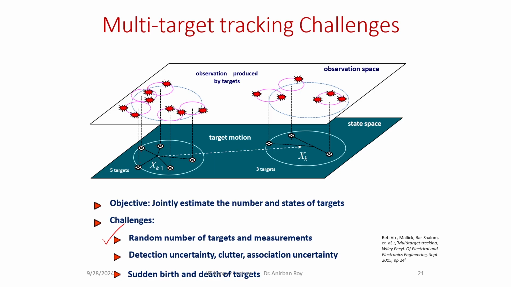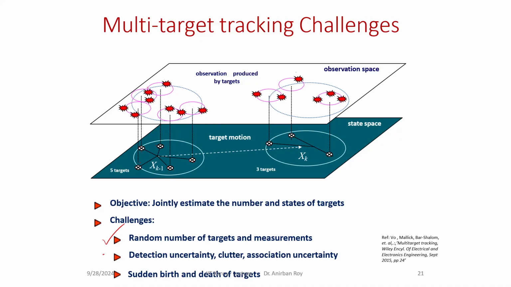Next, a very important thing is detection uncertainty. There could be an actual target, but if the target has some stealthy feature, as in a typical military airborne scenario, you may not have reflections coming back. It is possible even for infrared, which is heat seeking; if the heat signature is masked, you won't be able to see the target.